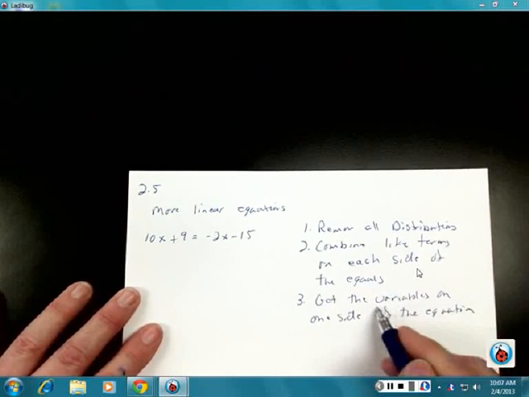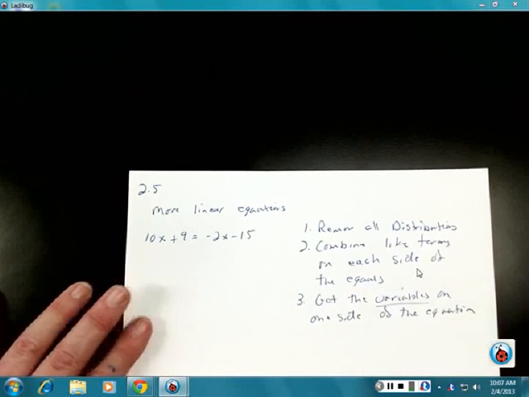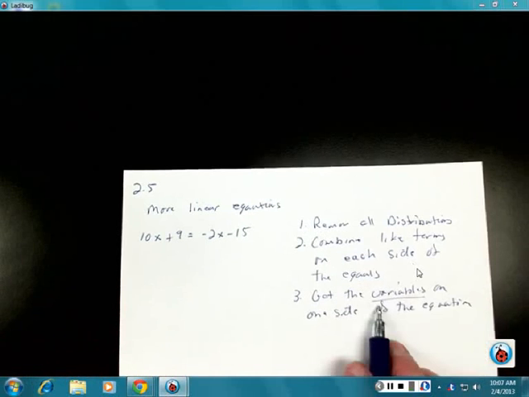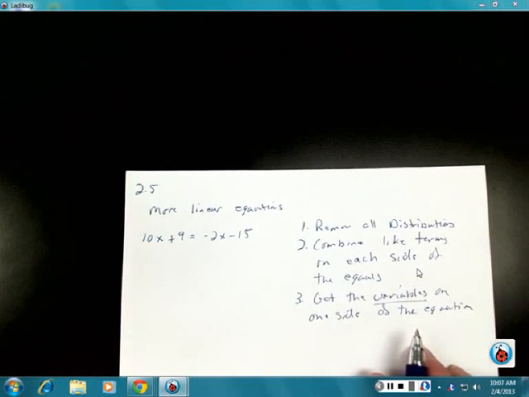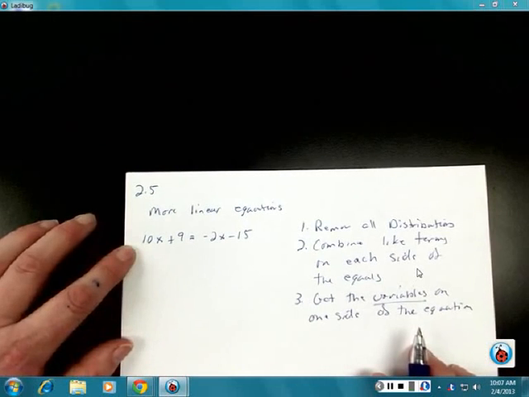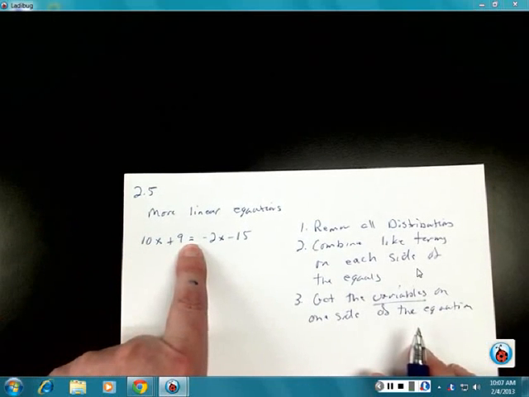Now, it's important. A lot of you, when you solve these things, say, oh, I'm going to get my numbers all together on one side first, and then I'm going to worry about my variables. Later on in Chapter 2, we get into having an inequality sign in the middle here.